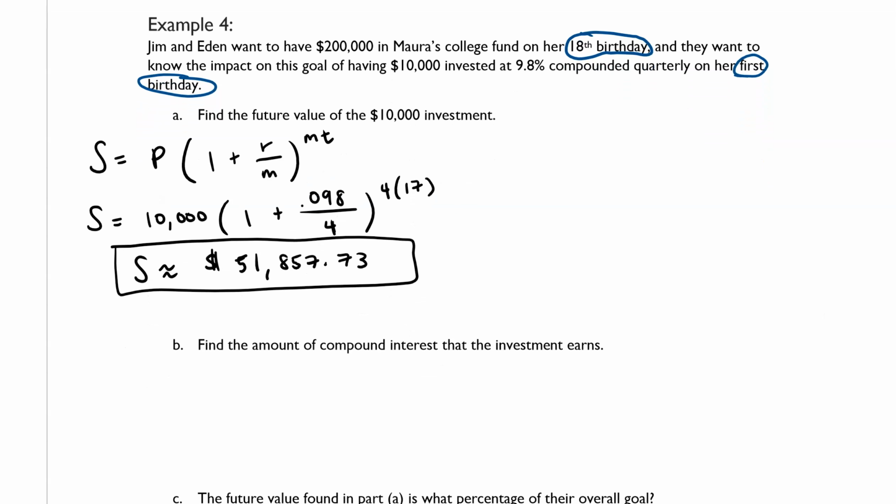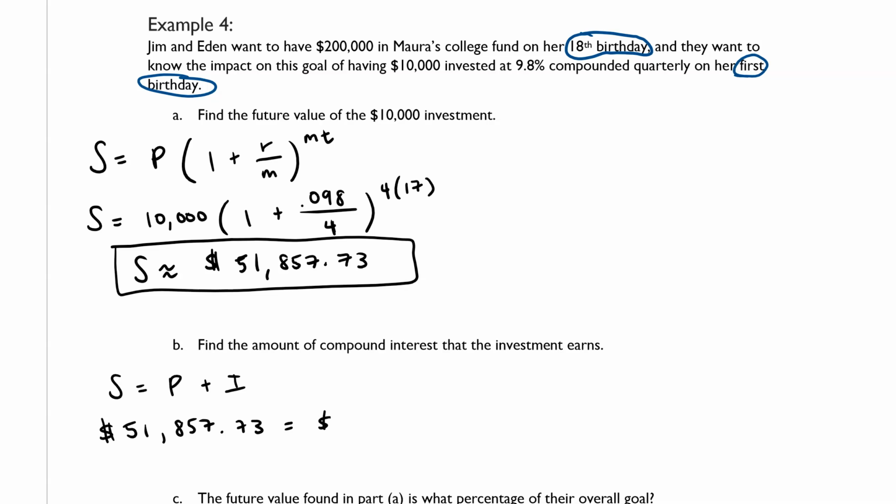Okay, B, find the amount of compound interest that the investment earns. So S is the total amount, and the way that we're going to figure out the amount of compound interest is we know that S is equal to the principal amount plus the interest. And so we know that S is $51,857.73.